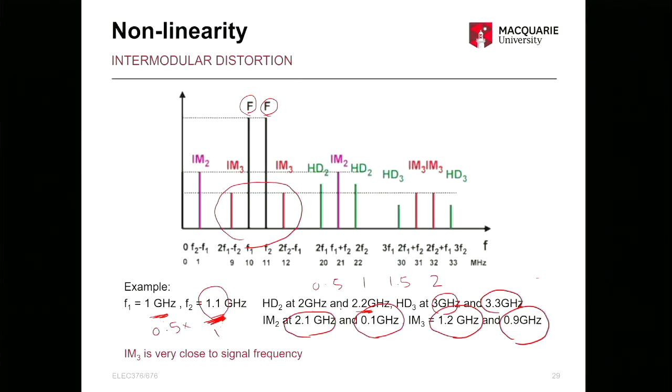And you will have 1, 2, 3, 4, 5 gigahertz. And then you will have 1 minus 0.5, which is 0.5, and 1 plus 0.5, and 1.5 from 2 minus 0.5, and then 3.5, and so on. So you will have some nodes in the system.